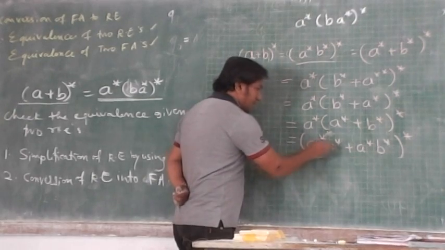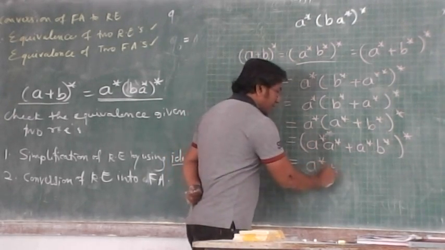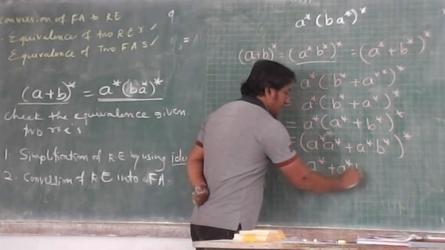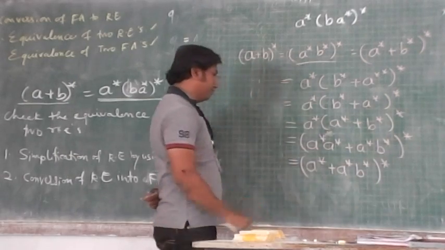This is A star is equal to A star plus A star B star, star.